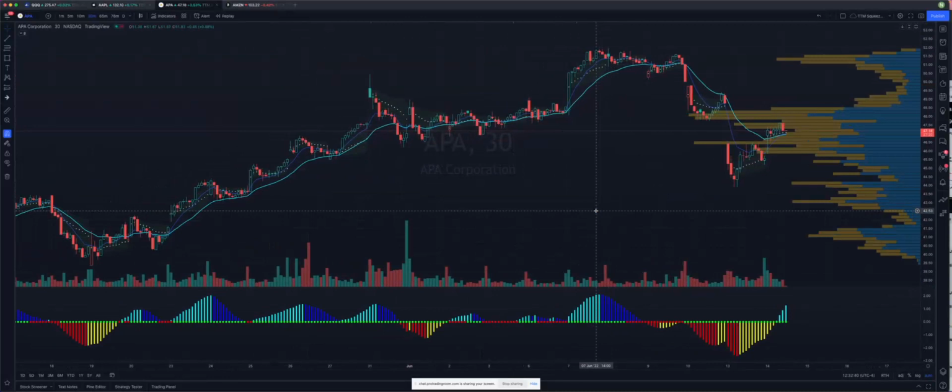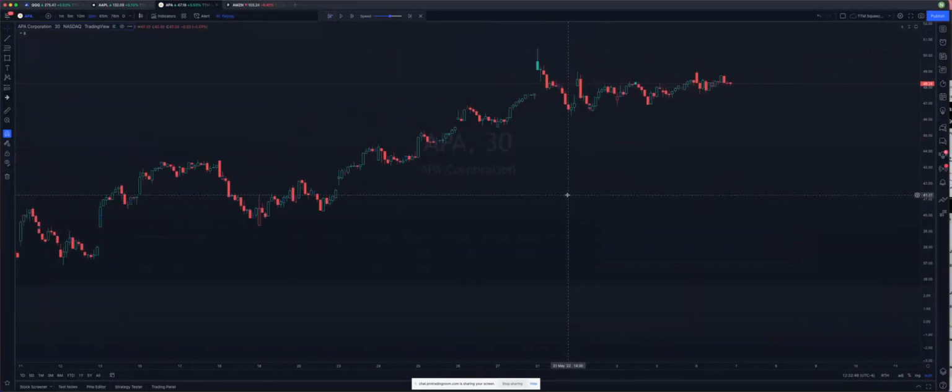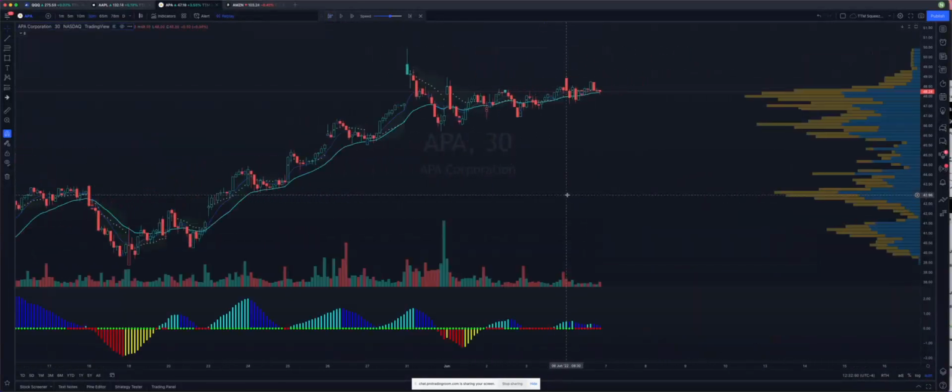And as you can see here, if we go to a replay, let's just go back to, I don't know, this candle here. This is a pretty perfect TTM Squeeze pattern that I'll talk about next week. But this volume profile here on the right helped when I was trading this.